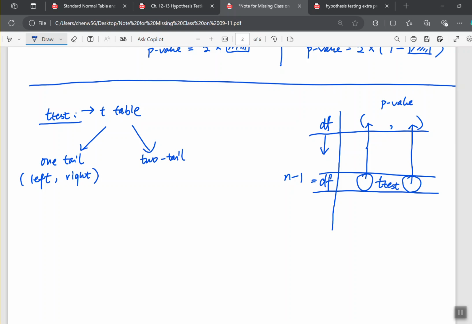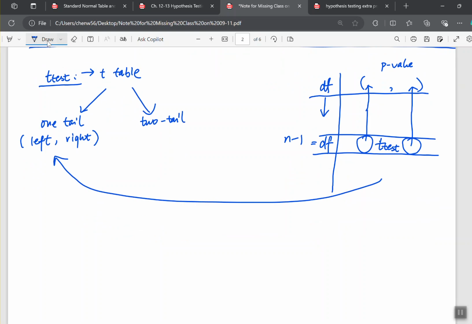If you have a one-tailed hypothesis, then what we do here is the way we find the range of your p-value. We did a lot of practice in Monday's class, so I will not repeat that again. And if you have a two-tailed hypothesis, you just double it for the 2 sides.